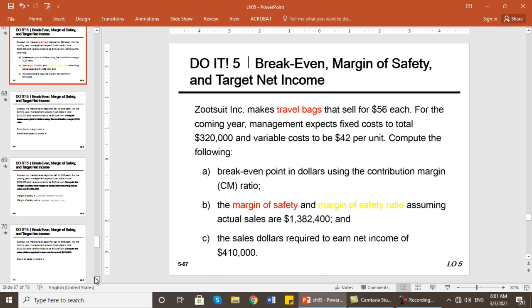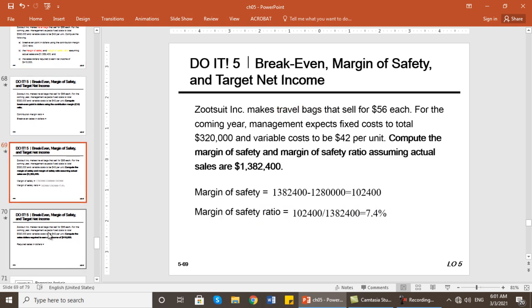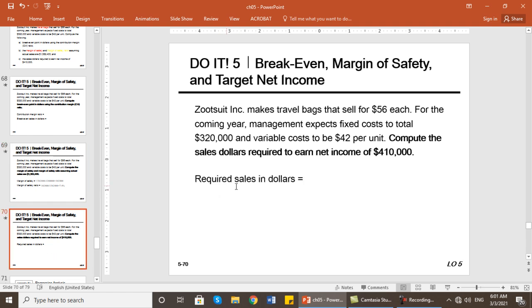Again, for required sales in dollars, we add the fixed cost plus the target net income, divided by the contribution margin ratio, and we get the required sales.